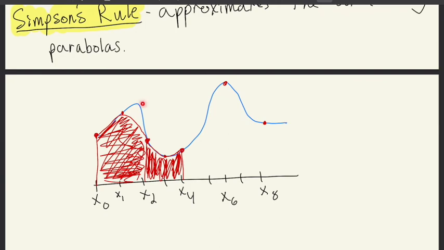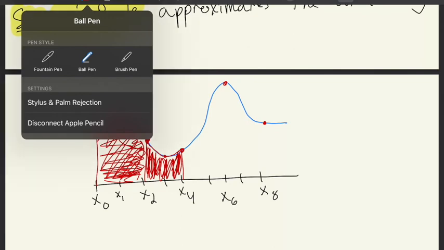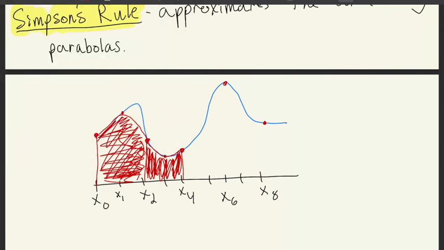As you can see, that parabola actually does a good job of approximating. Notice the first parabola missed all of this. And then same thing with the next one.